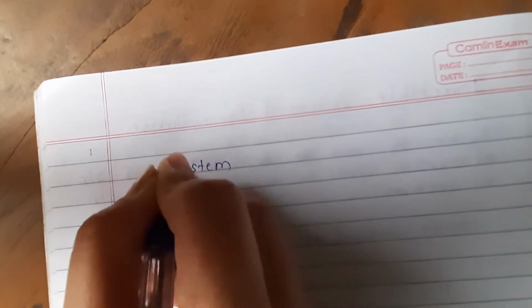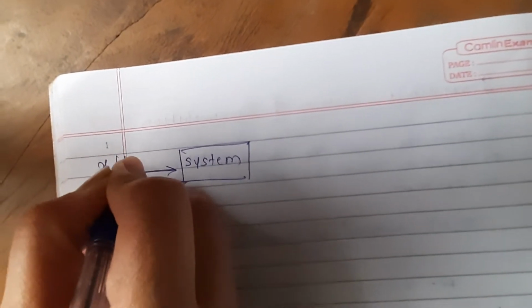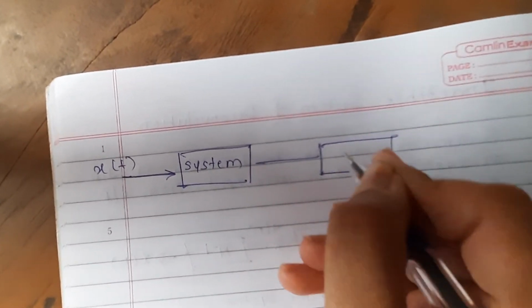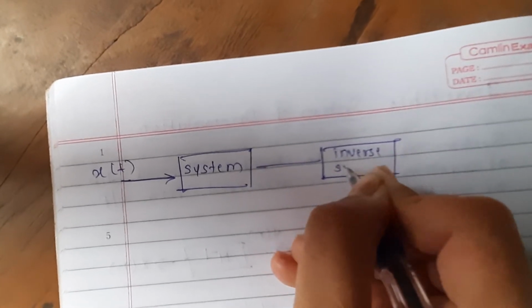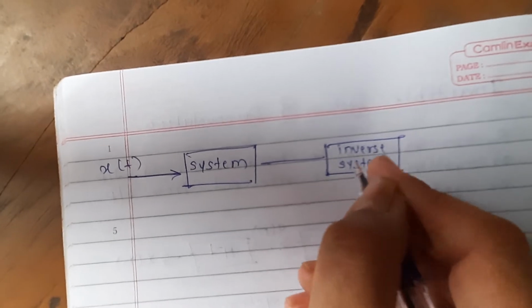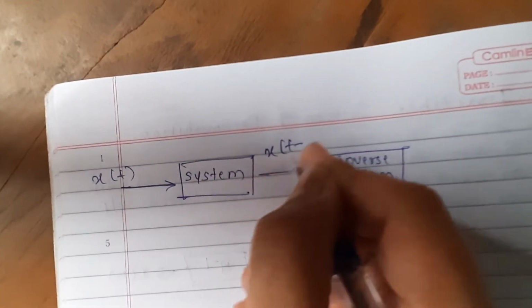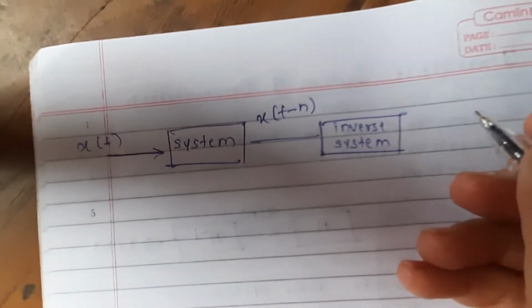So we can draw this as: this is system 1, input is x of t, and the output of this is x of t minus n.